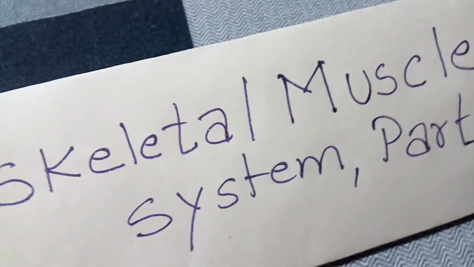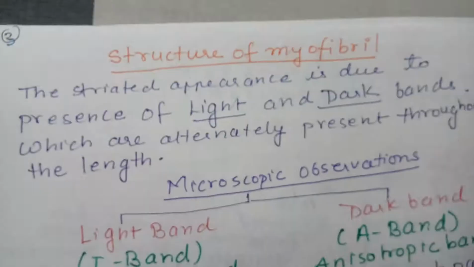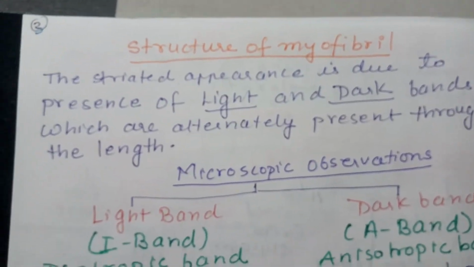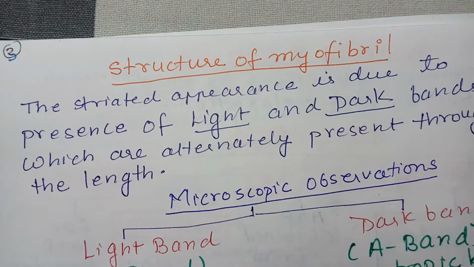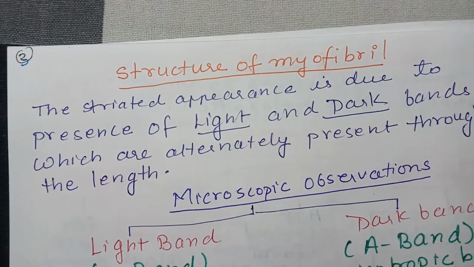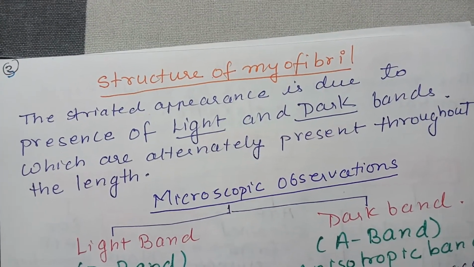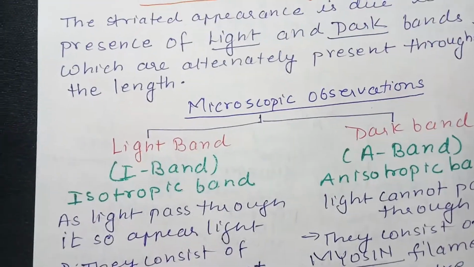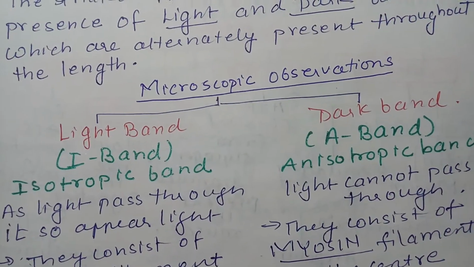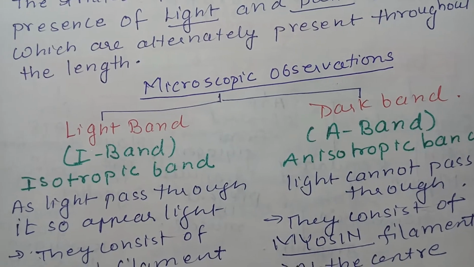Here, first I would like to discuss the structure of the myofibril. Myofibrils appear striated due to the presence of light and dark bands which are alternately present throughout the length. Under the microscope, you will find two types of band.